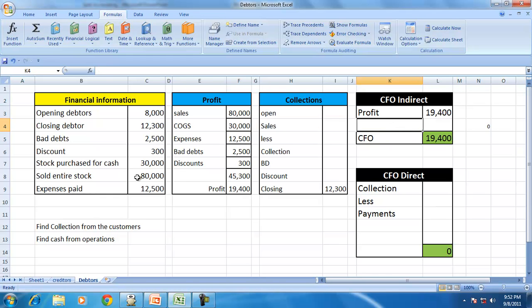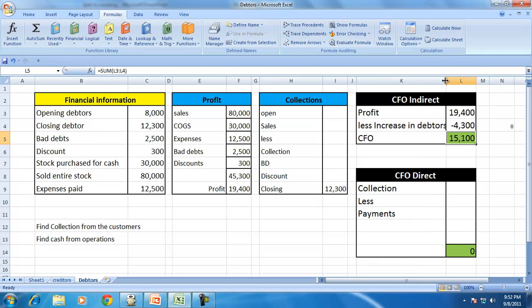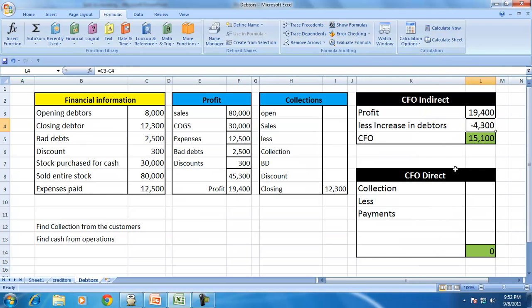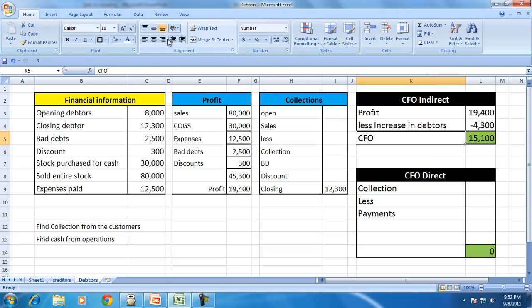Here the change is only on the debtors. Since opening and closing debtors are given, less increase in debtors, 8,000 to 12,300, that means you have sold goods to that extent on credit. So cash from operations is 15,100.